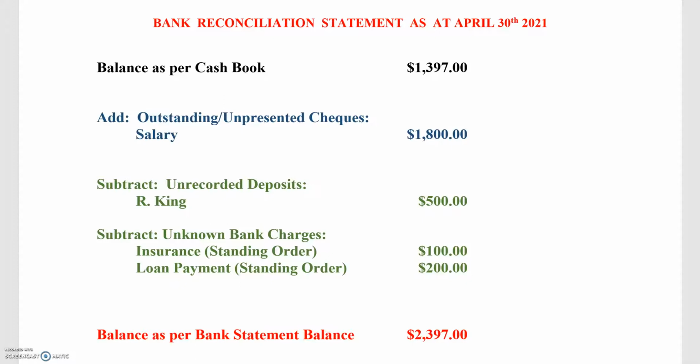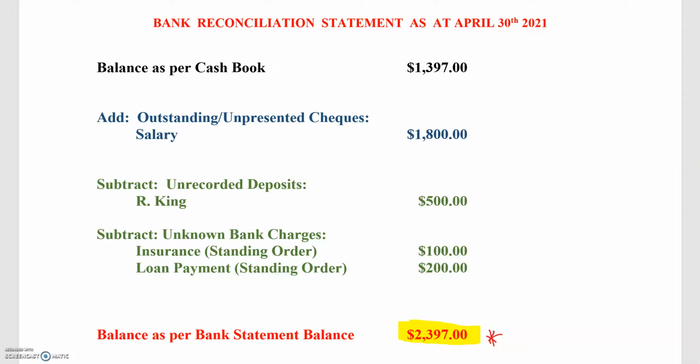We add the outstanding salary, subtract the unrecorded deposits and unknown bank charges, and arrive at our bank balance as per bank statement of $2,397. So how do we know if this is the correct balance?